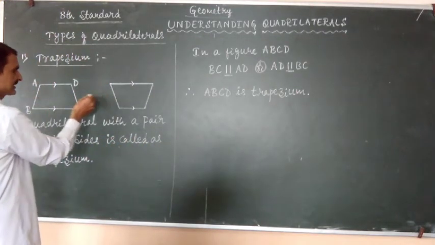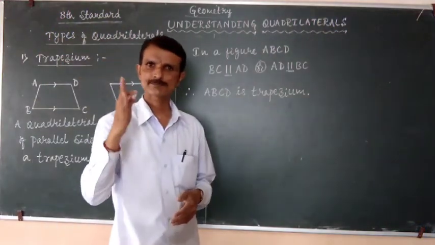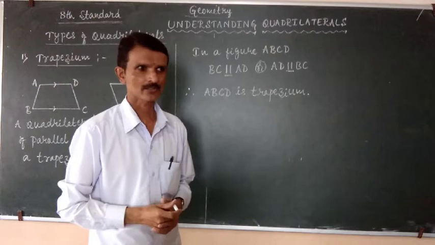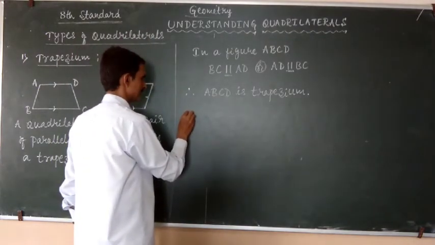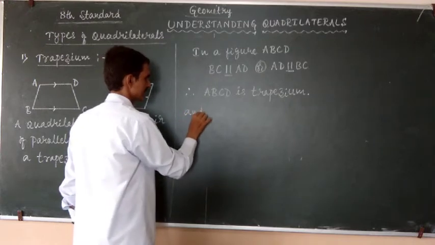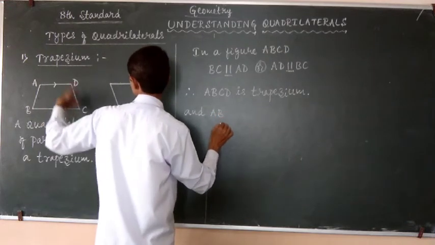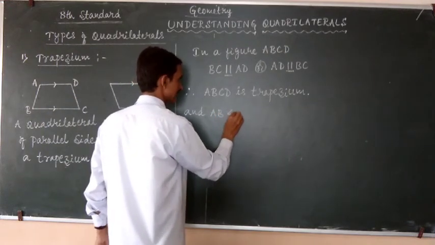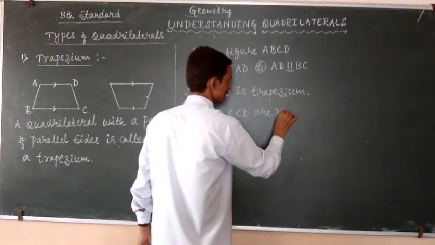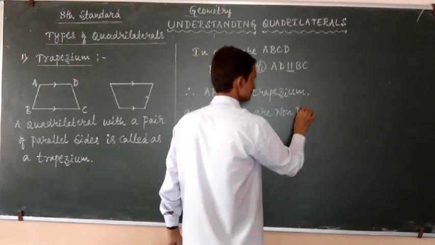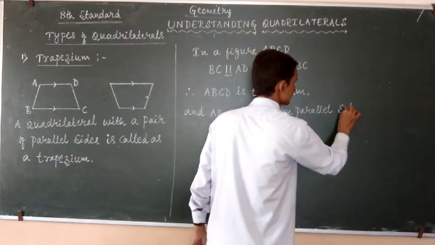AB and CD, these two sides, are called non-parallel sides.